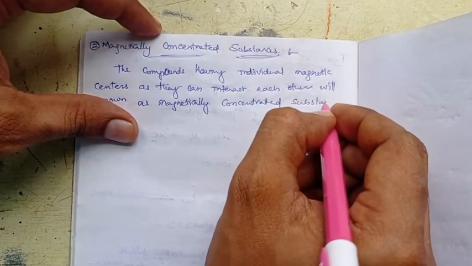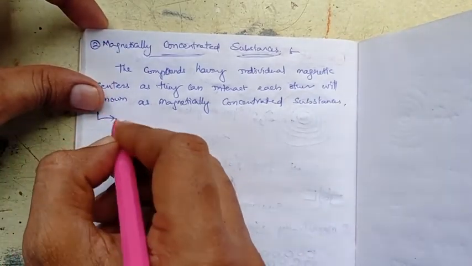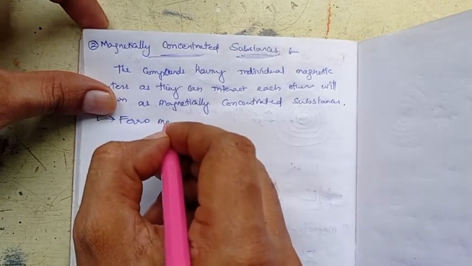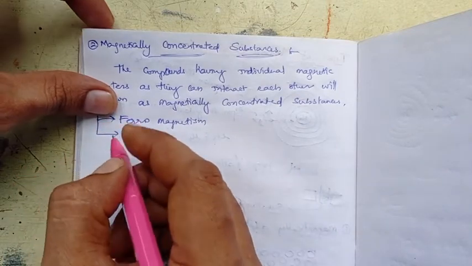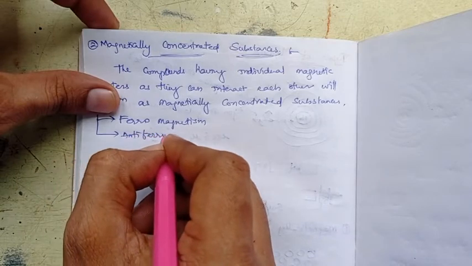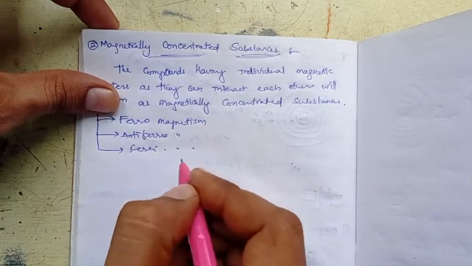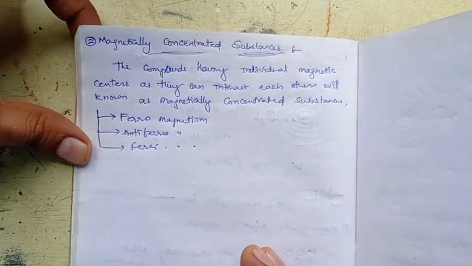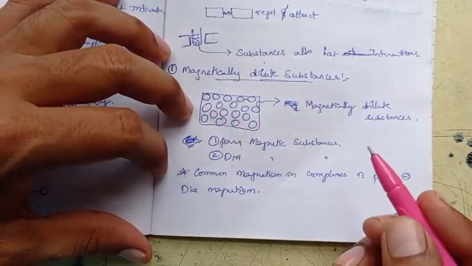Here the magnetic behaviors are ferromagnetism, antiferromagnetism, and ferrimagnetism, right? These will come.